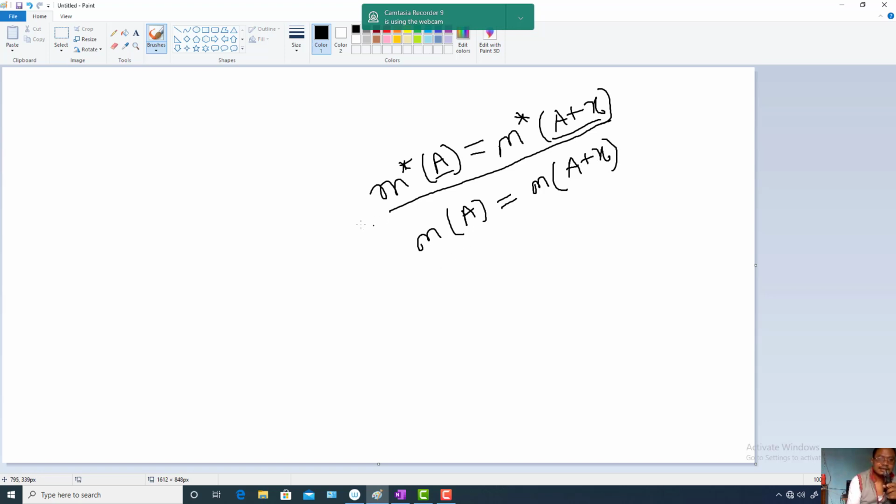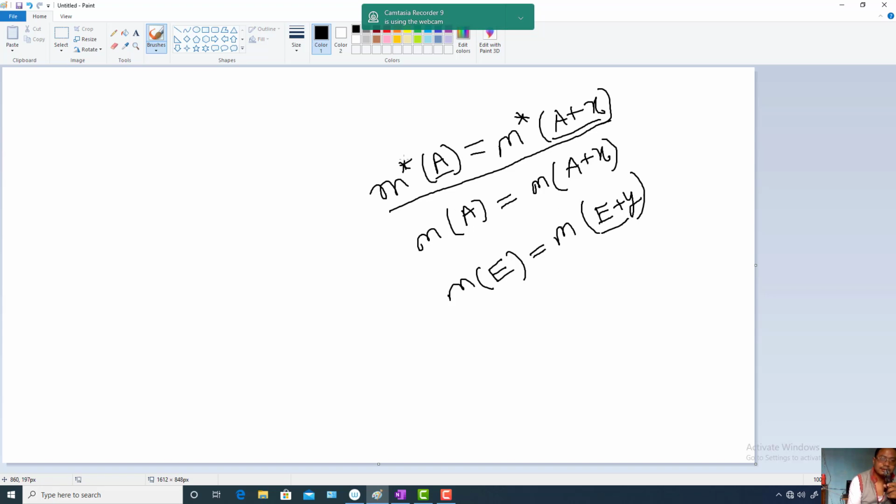In case of measurability we use the symbol E, so M of E is equal to M of E plus y, as in our theorem. This equation you can write when you know that E plus y is measurable. So E is measurable, then E plus y is also measurable.